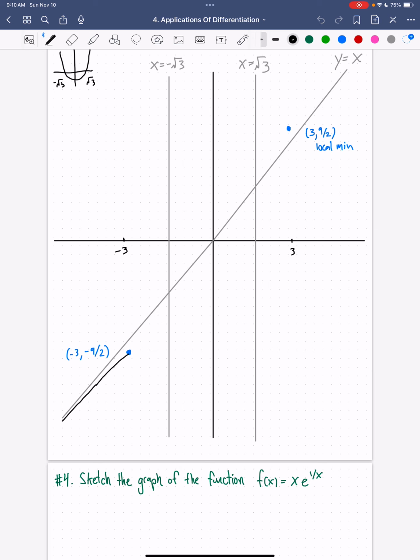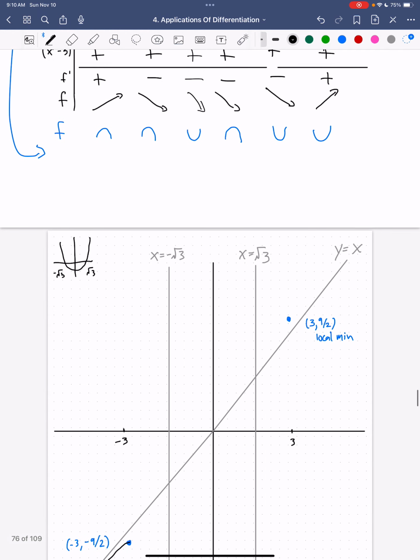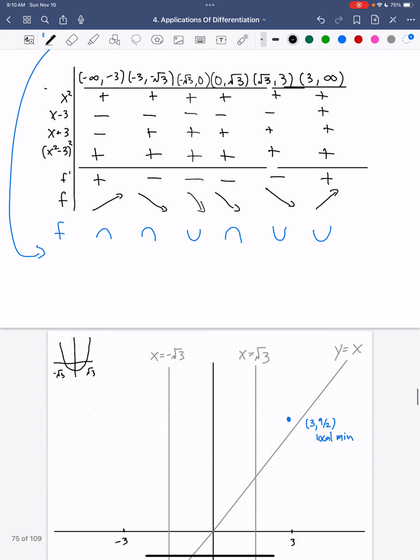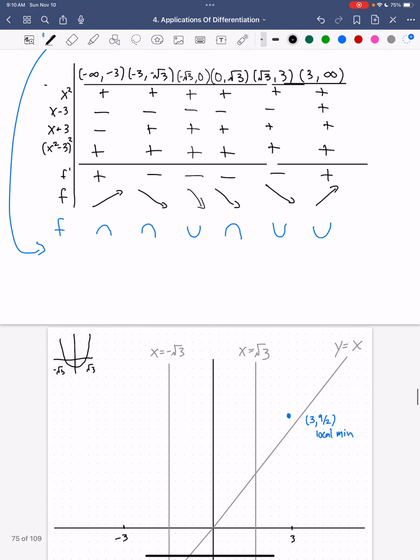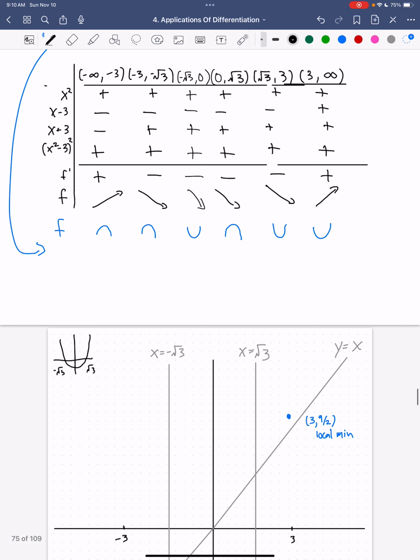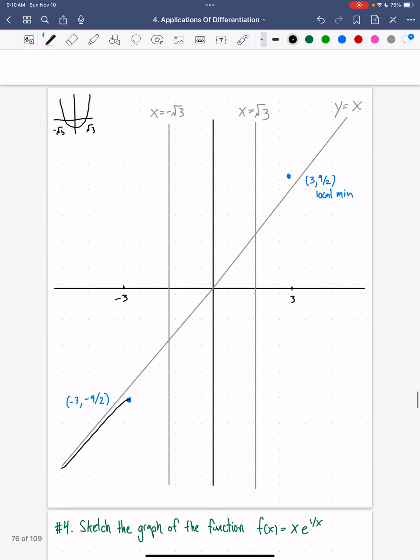I'm going to get a little bit more curved. Okay. Then once we're at negative 3, we start decreasing while still being concave down towards that vertical asymptote at negative root 3.